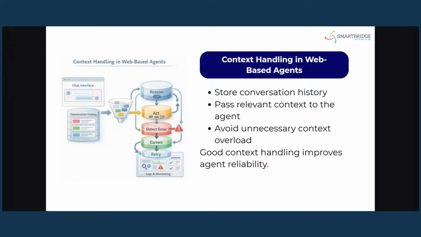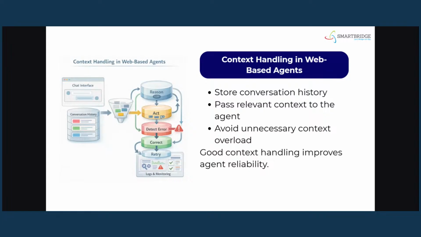It also involves storing context in a way that can be retrieved efficiently in web-based systems. Context often needs to persist across sessions, devices, and time. A user might start a conversation on a laptop and continue it on a phone, so the agent needs to maintain continuity. This requires careful coordination between front-end and back-end storage systems.